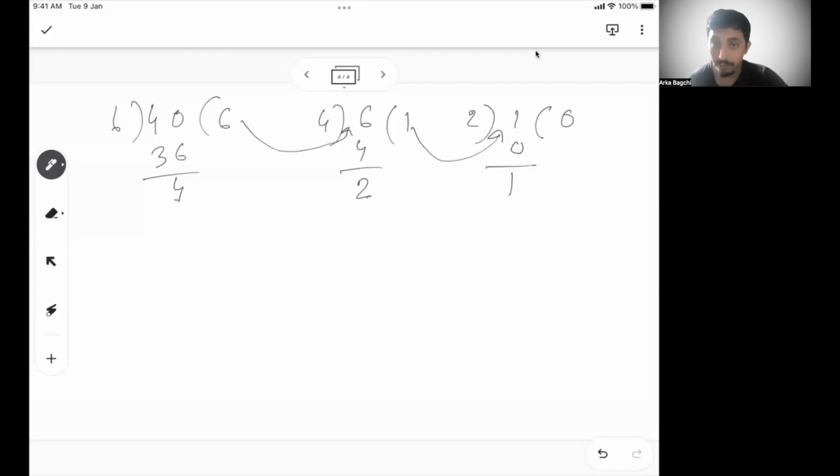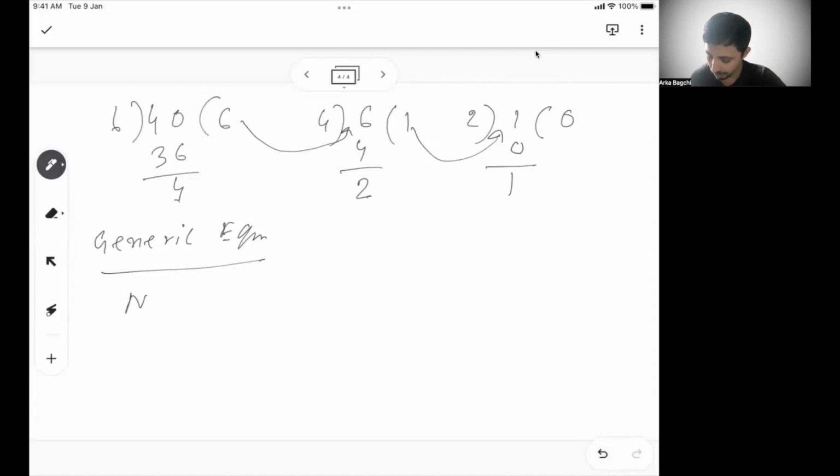Now to have a general formula, a generic equation of a number, like the previous problem, what is the generic equation?